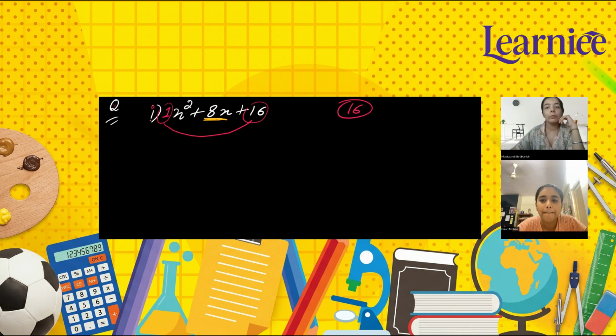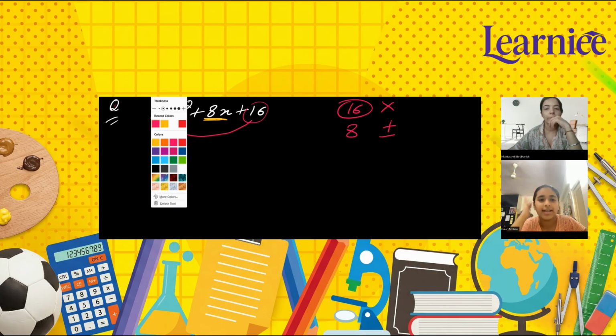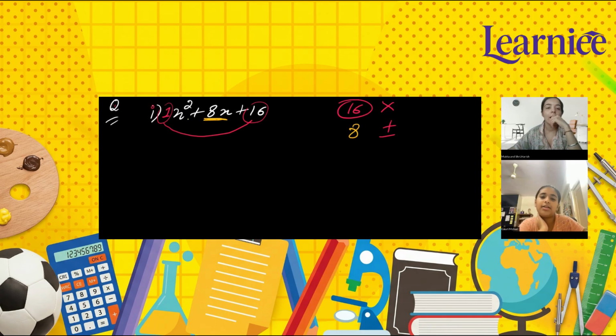Now you have to split up 16 in two ways so that when you multiply, you get 16, and when you add or subtract, you get the middle value 8. Are you getting the logic? Multiply to 16, add to 8.